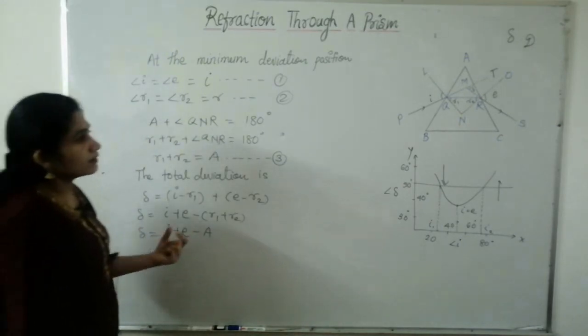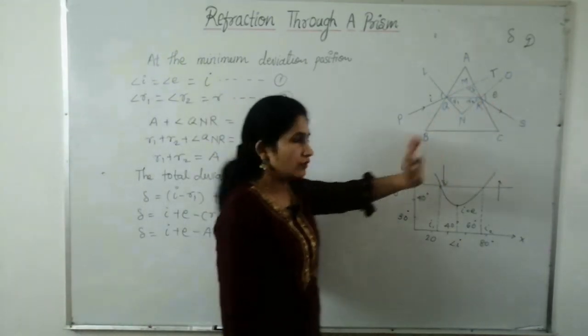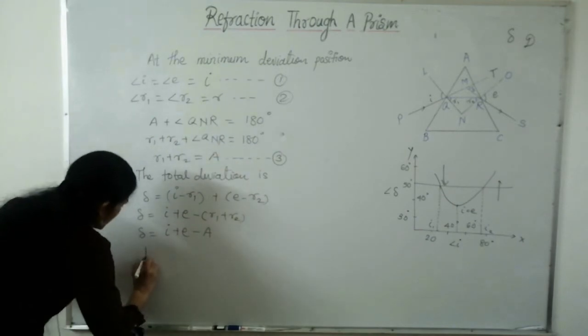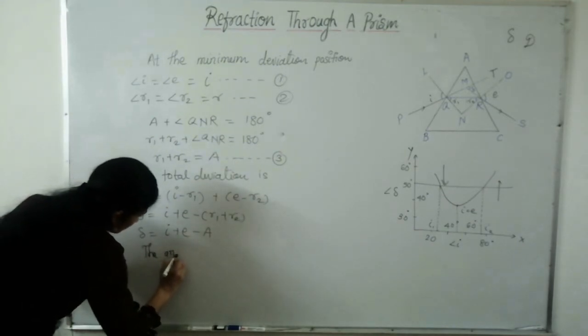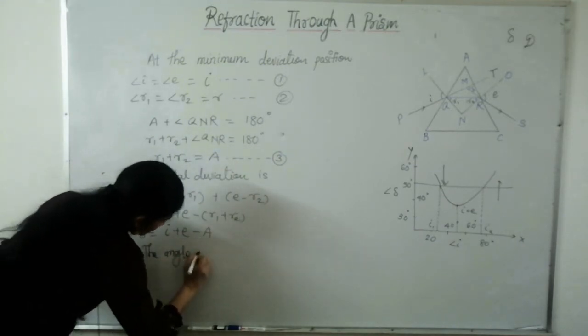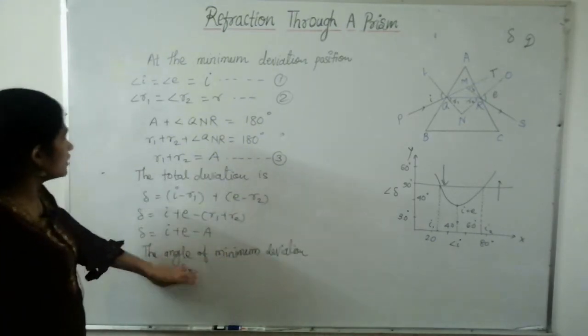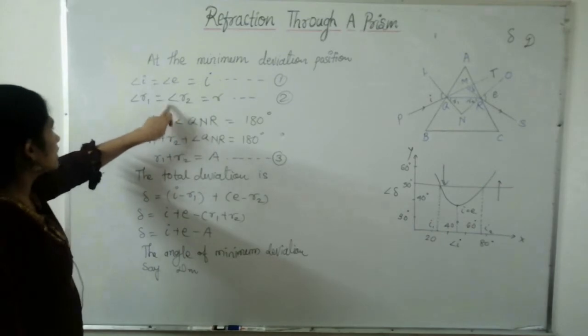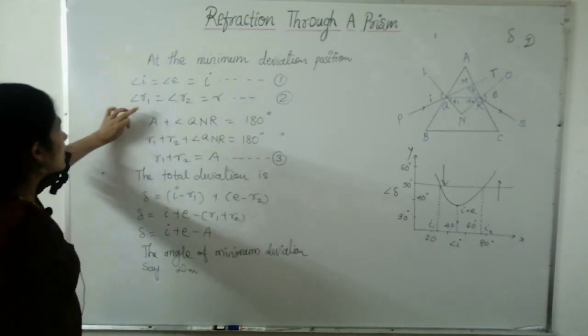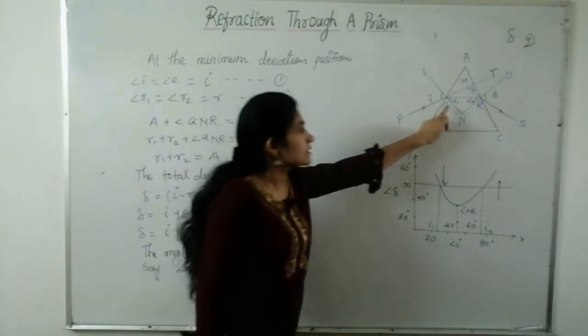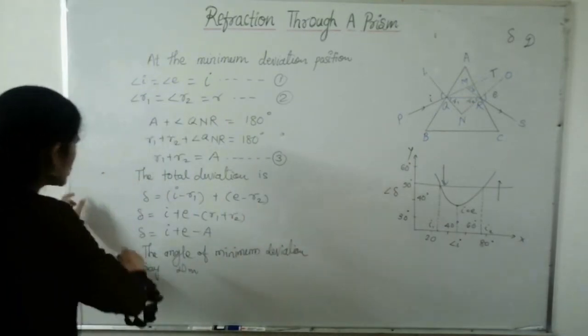So, this is the angle of deviation. Now, we have to find the angle of minimum deviation, say dm. At this minimum deviation we have two conditions, in which i is equal to e and r1 is equal to r2.